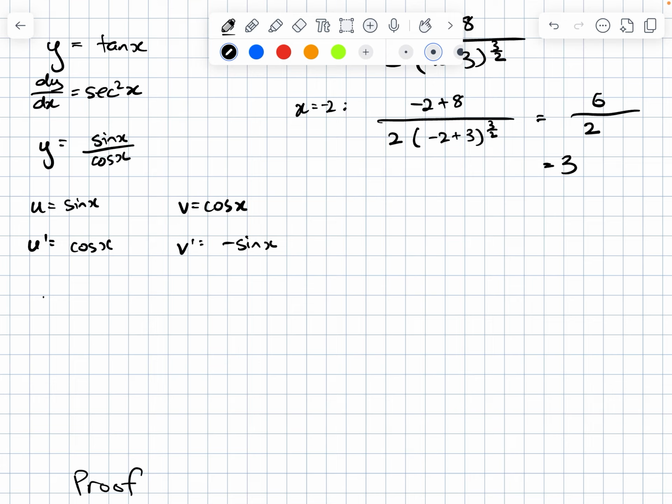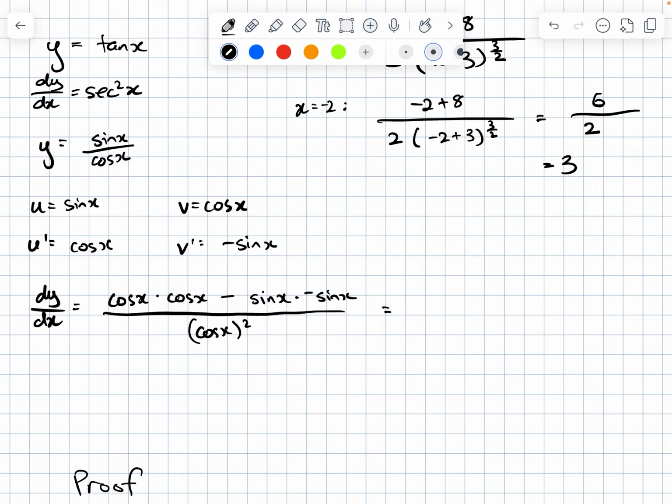That means that dy/dx is u dash times v, so cos x times cos x, minus u times v dash, sine x times negative sine x, all over v squared or cos x squared.